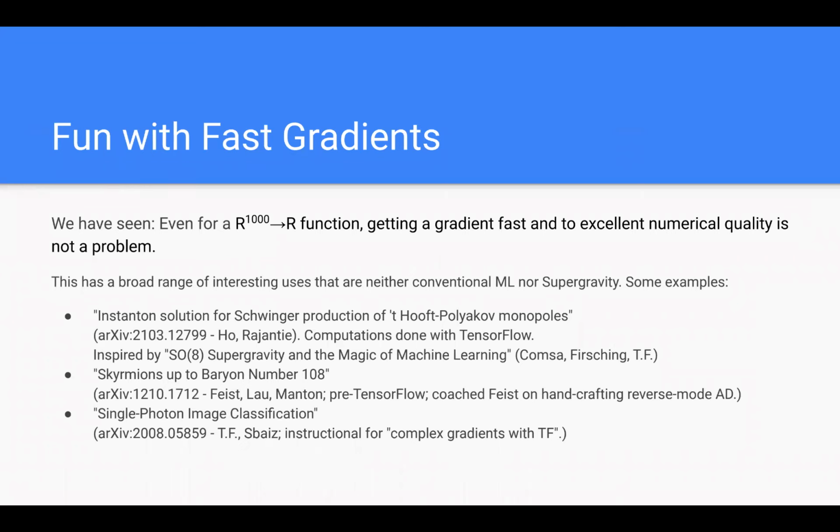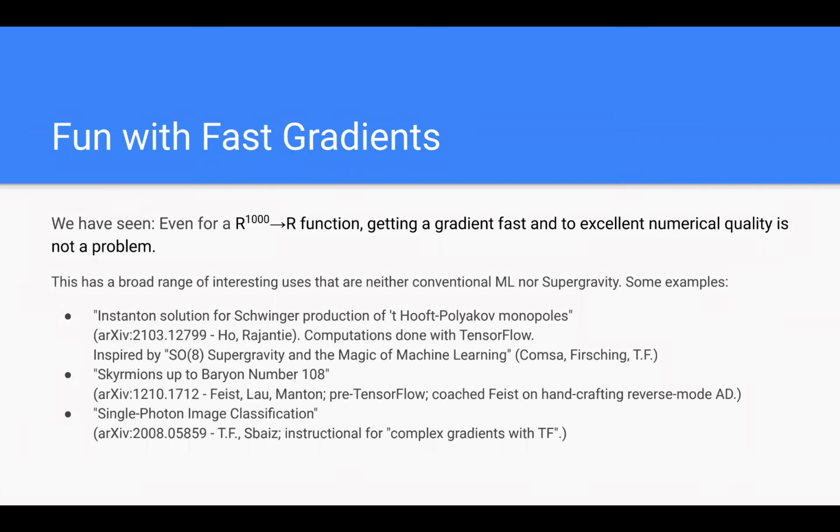So here are some examples where I've been directly or indirectly involved. The first one is a recent paper from this year where authors doing quantum field theory took a close look at our SO(8) paper and basically learned about this approach, this method, and then adopted it to their problem, which you could see as a lattice quantum field theory problem, namely the solution for Schwinger production of two Polyakov monopoles.